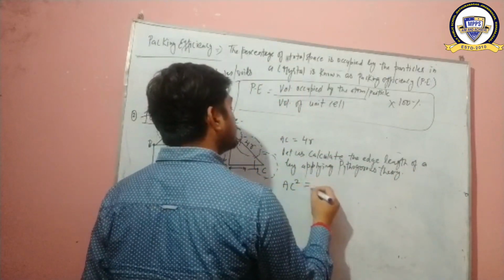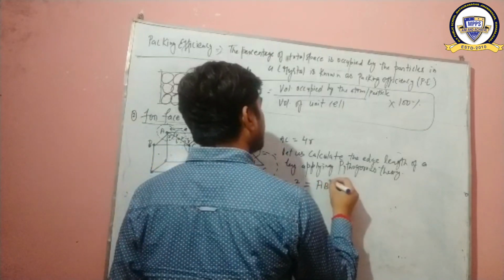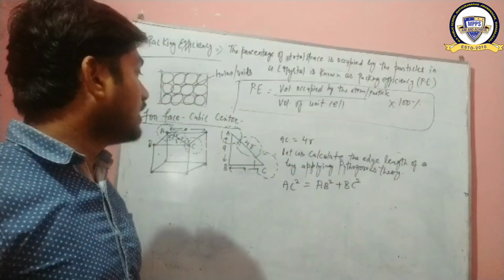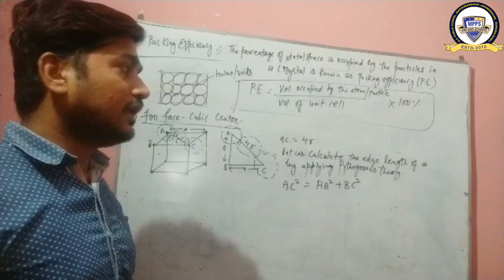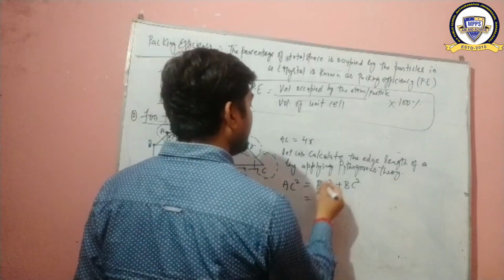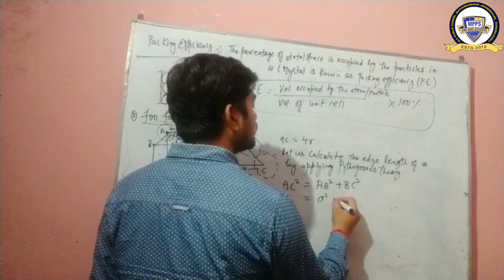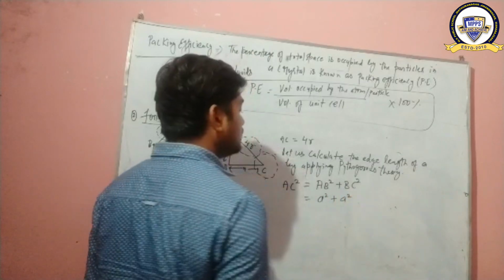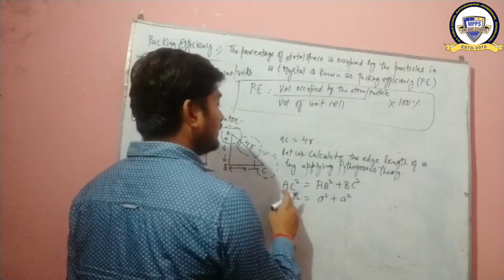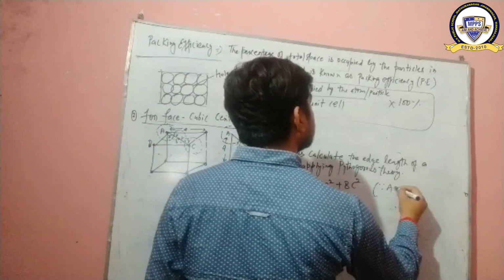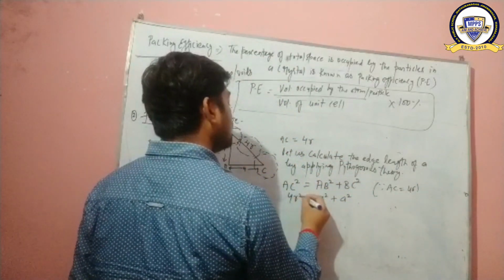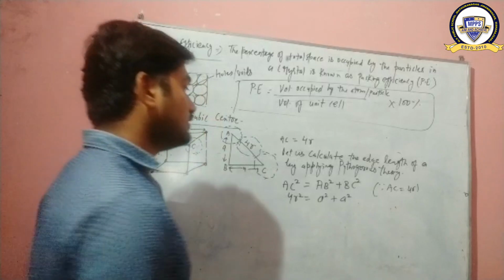AC square is equal to AB square plus BC square. The value of AB is a, so there should be a square, and BC is also a square. For AC, we know that AC is equal to 4r, so this is (4r) square.